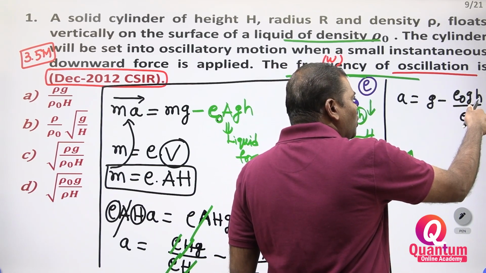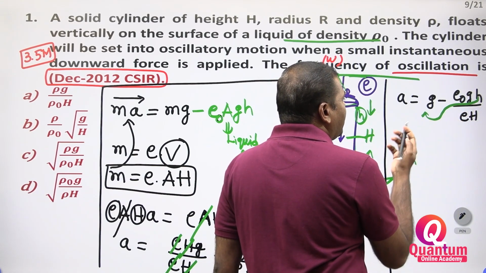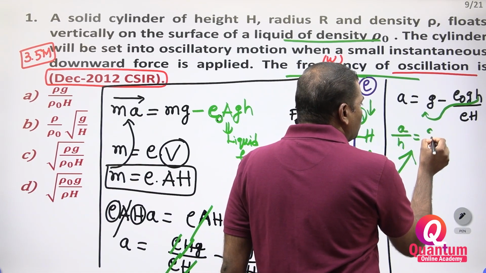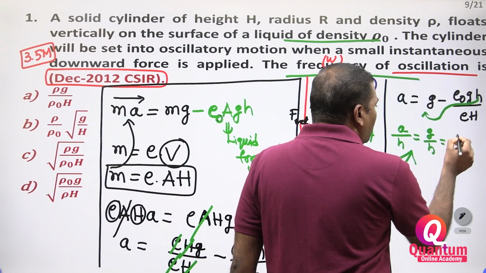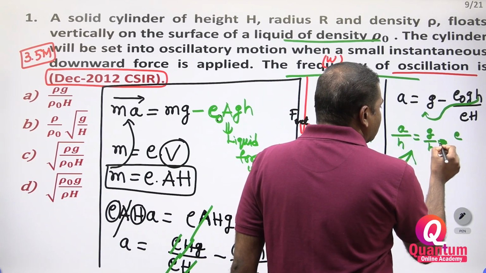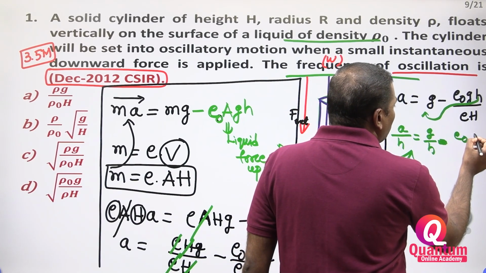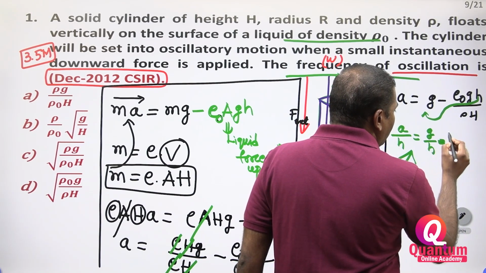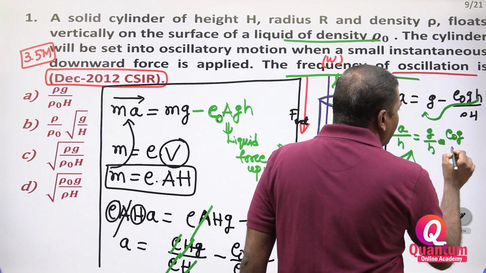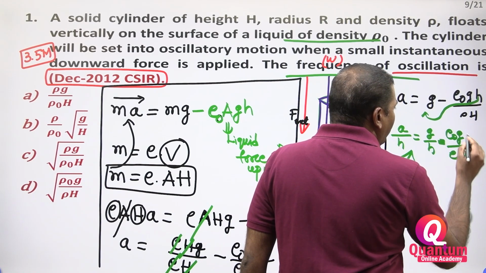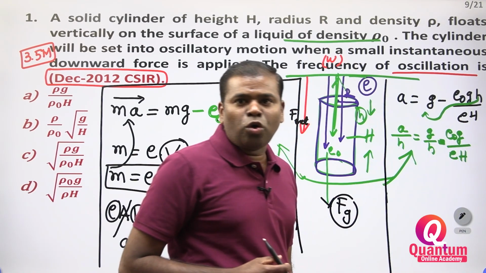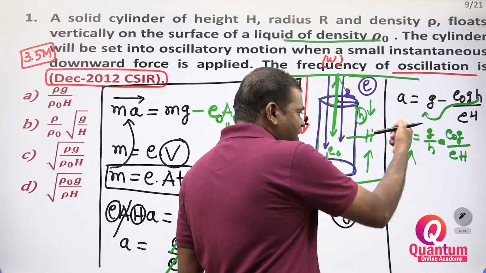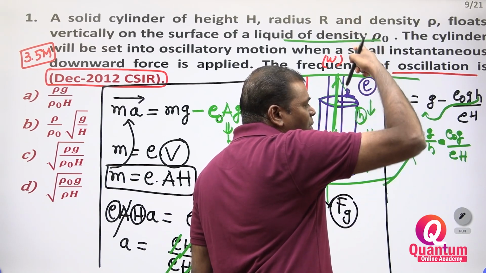This h value I want to bring to this side. How we have to write? a by h is equal to g by h minus rho naught into g divided by rho h. Clear? Rho naught into g divided by rho h. Here a by h is acceleration by some height, upward direction.